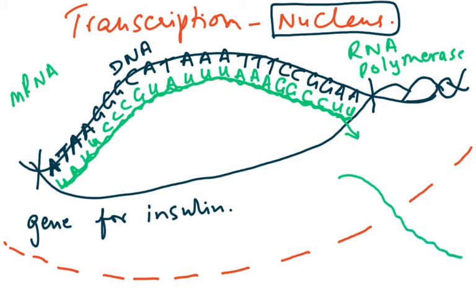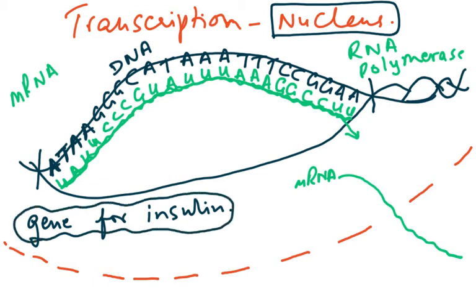So this mRNA is now going to leave the nucleus, come out of the nuclear pore and go to the cytoplasm. And the DNA, the gene for insulin, is going to remain in the nucleus, so it's going to zip up again and join together again and form the normal DNA double helix.